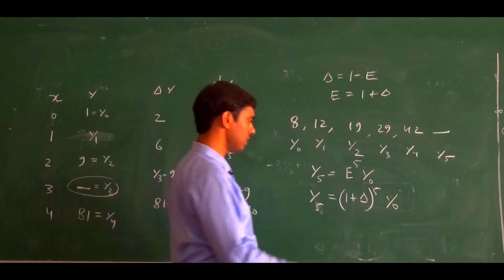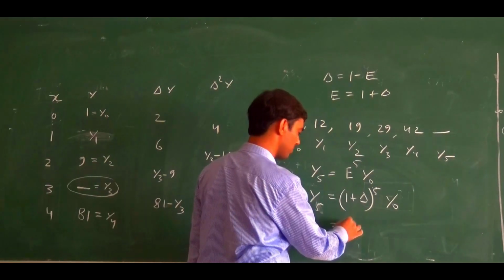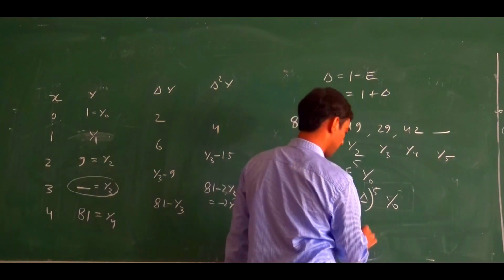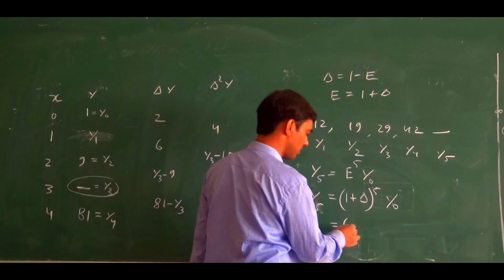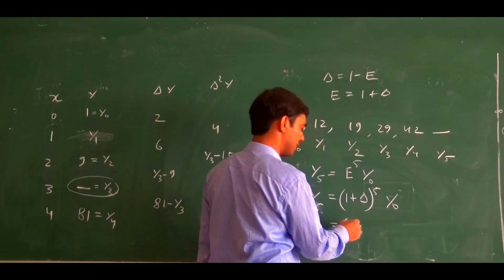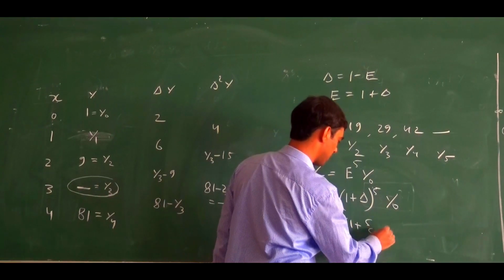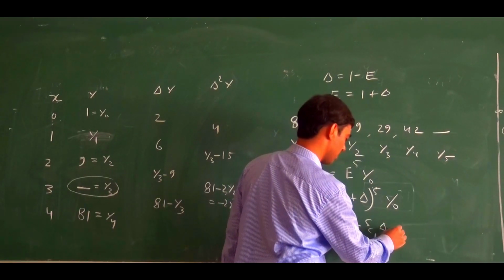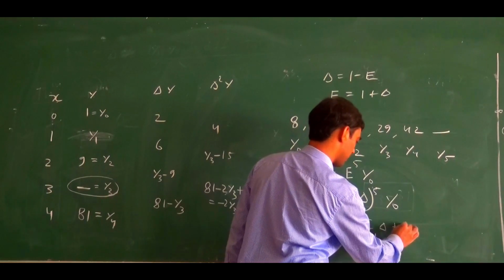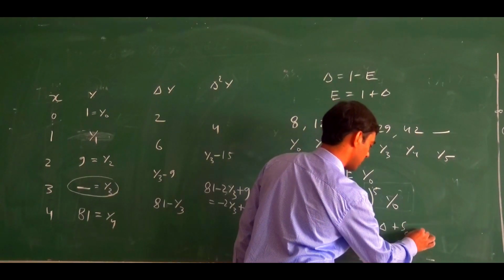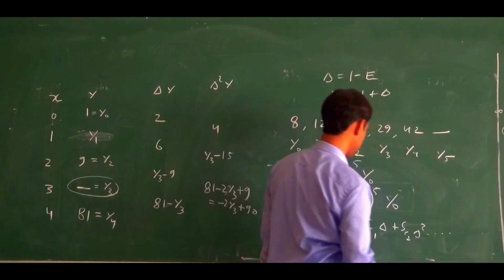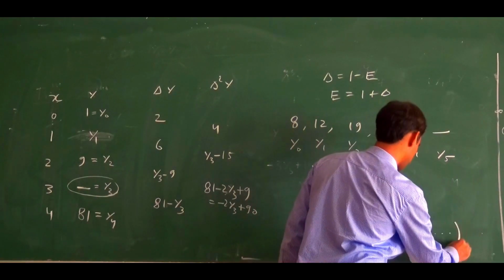We expand this binomially: 1 plus 5c1 delta plus 5c2 delta squared and so on, operating on y0.